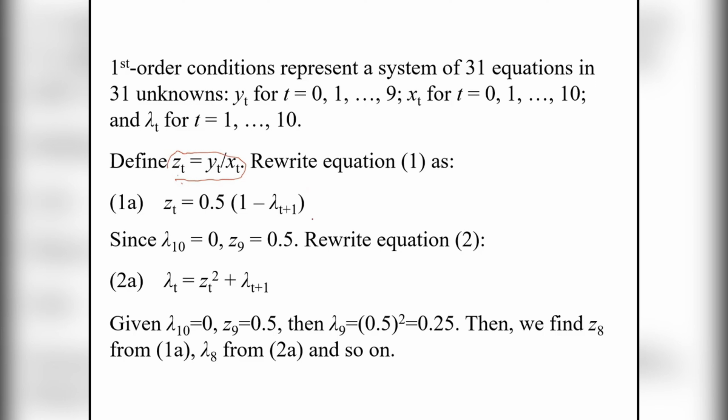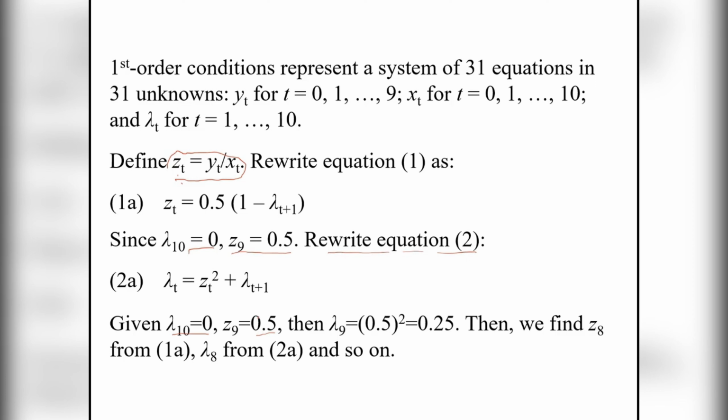So we rewrite equation 1 with the z_t, so we get z_t equals 1/2 times (1 minus lambda_t+1). Since lambda_10 is 0, we can find z_9 being 1/2 using this equation, and then rewrite equation 2 as lambda_t = lambda_t+1 + z_t squared. So given that lambda_10 is 0, we can find z_9 to be 0.5 from equation 1a.